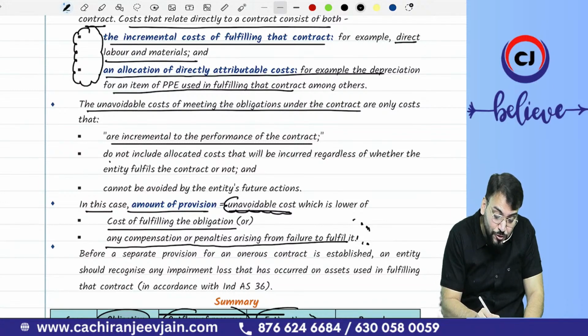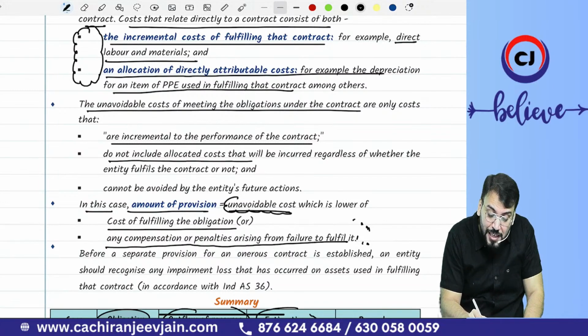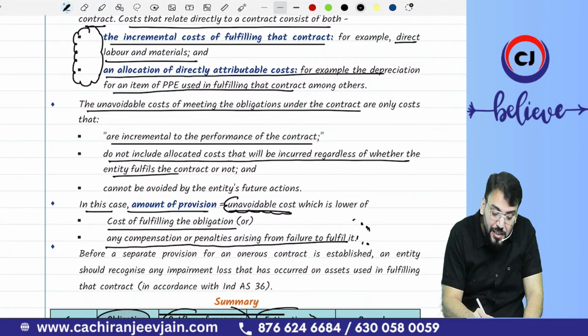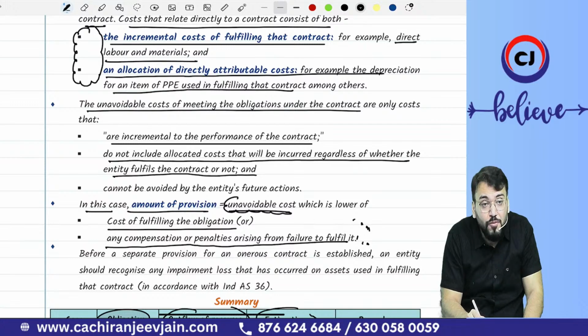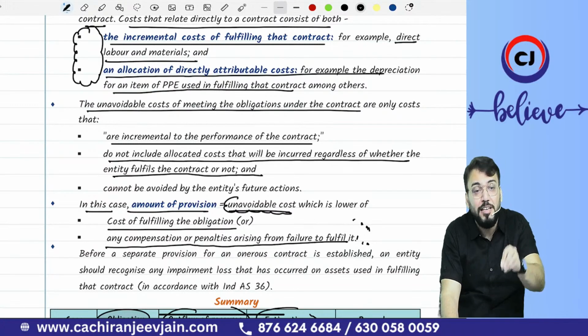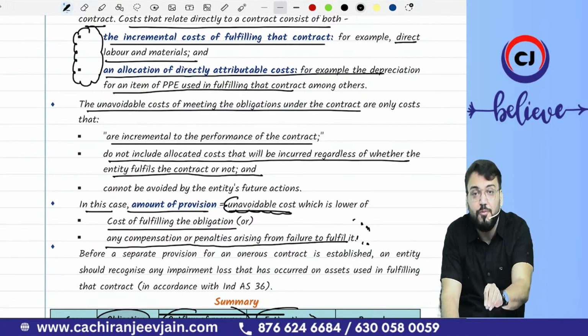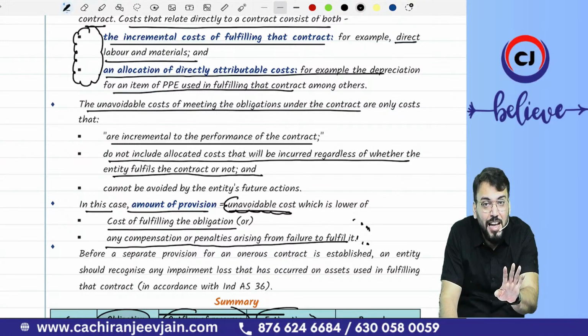So what they say is, do not include allocated costs that will be incurred regardless of whether the entity fulfills the contract or not. Any cost which will be incurred even if the contract is not fulfilled, for that we will not create any provision.